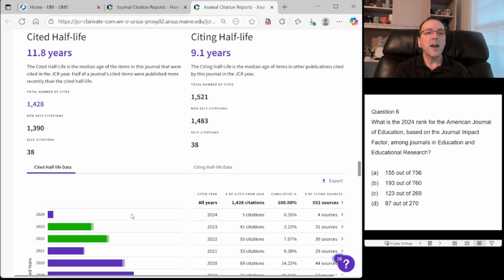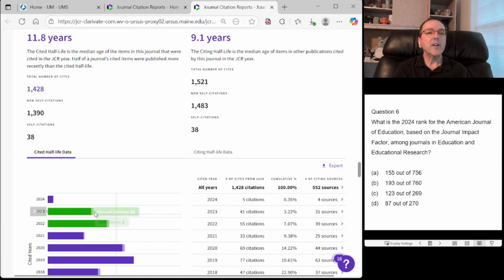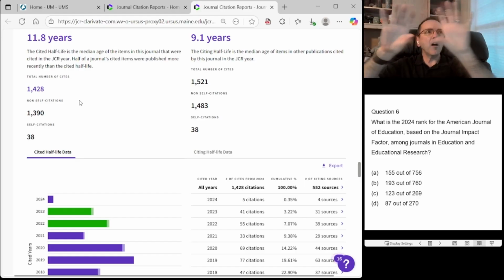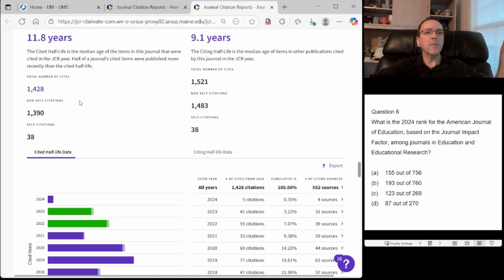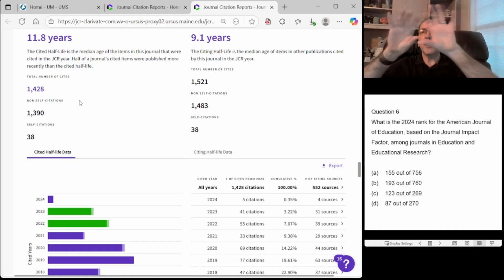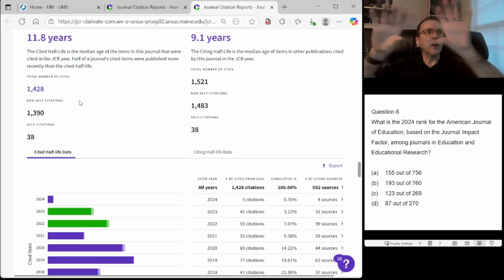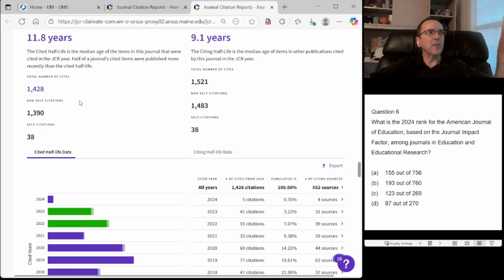The idea here is that remember, they were looking at all the journals everywhere that were published in 2024, and for all of them, you identify how many times they cite any paper from the American Journal of Education.